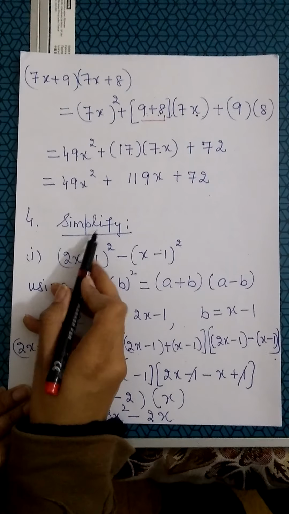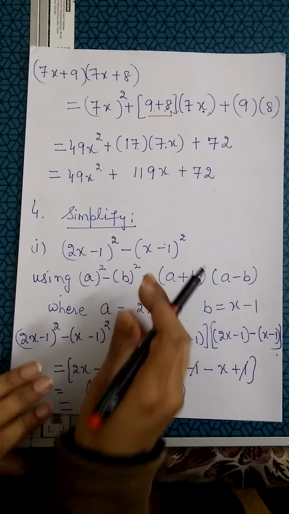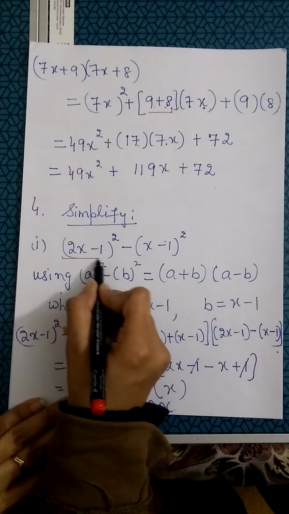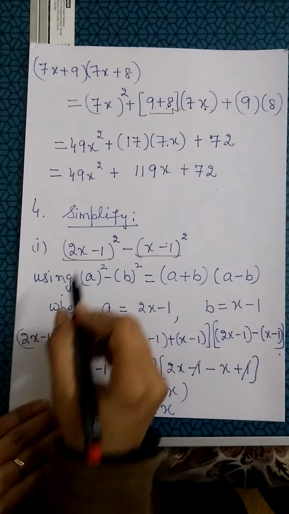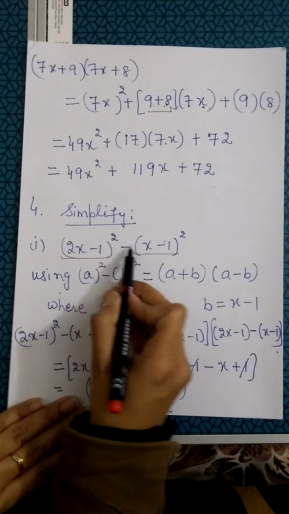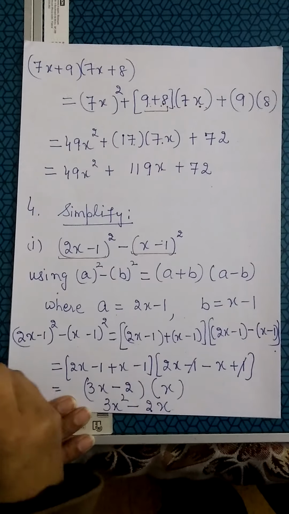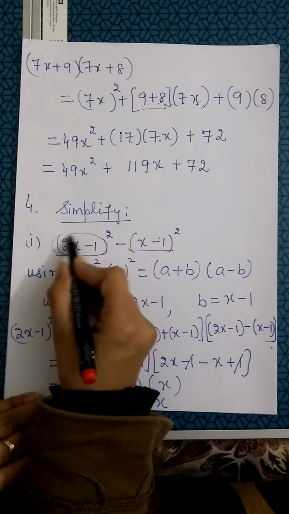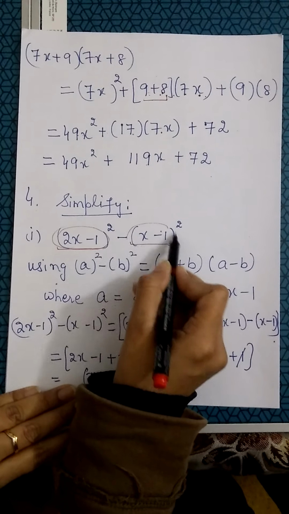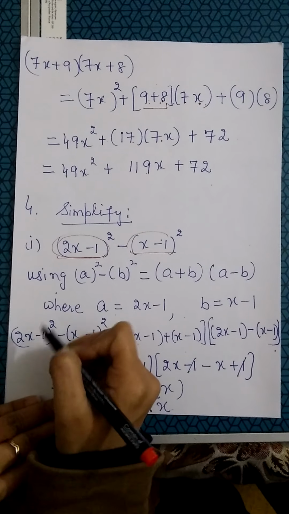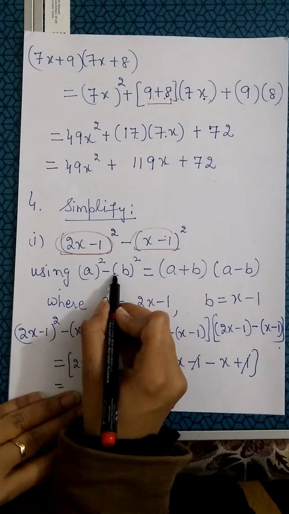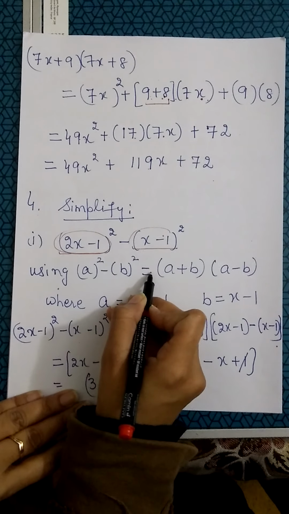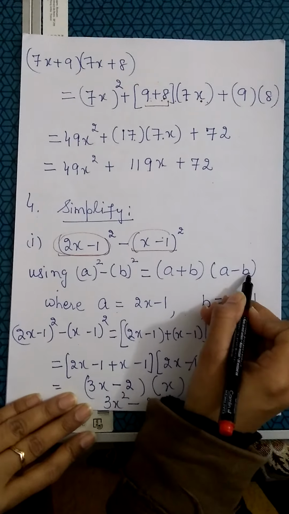Next question is simplify. Now we will be using the same identity, but here the terms are given in a different way. Here (2x minus 1) whole square minus (x minus 1) whole square is there. If you see, this whole term can be taken as a and this whole term can be taken as b. So I will be using the identity a square minus b square, which is equal to (a plus b) into (a minus b).